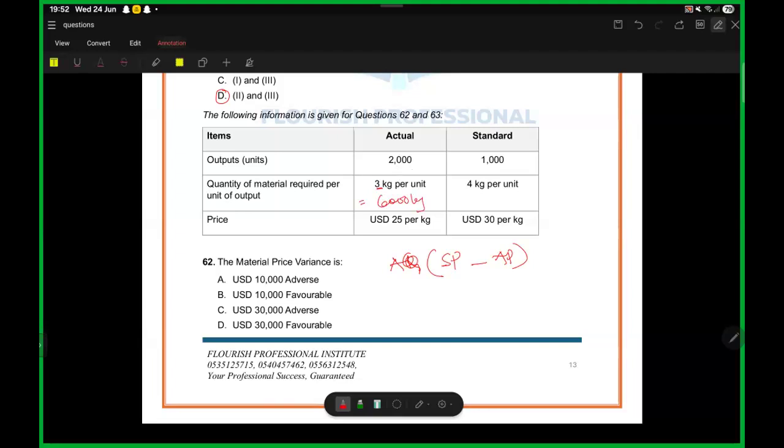Am I correct? If I multiply, I'll get 4000 kg as the standard. Guys, are you following? Yes, sir. So my actual quantity is 6000 kg, into bracket, standard price is 30 minus actual price is 25 USD.